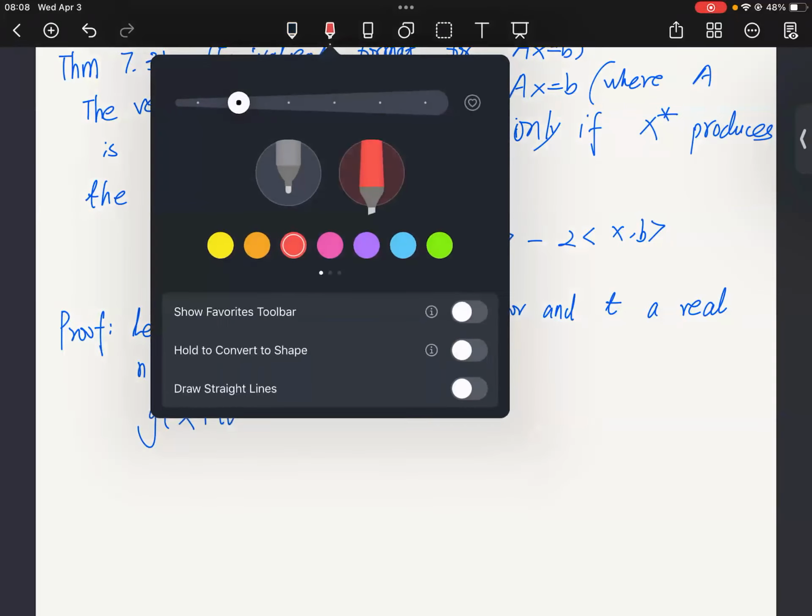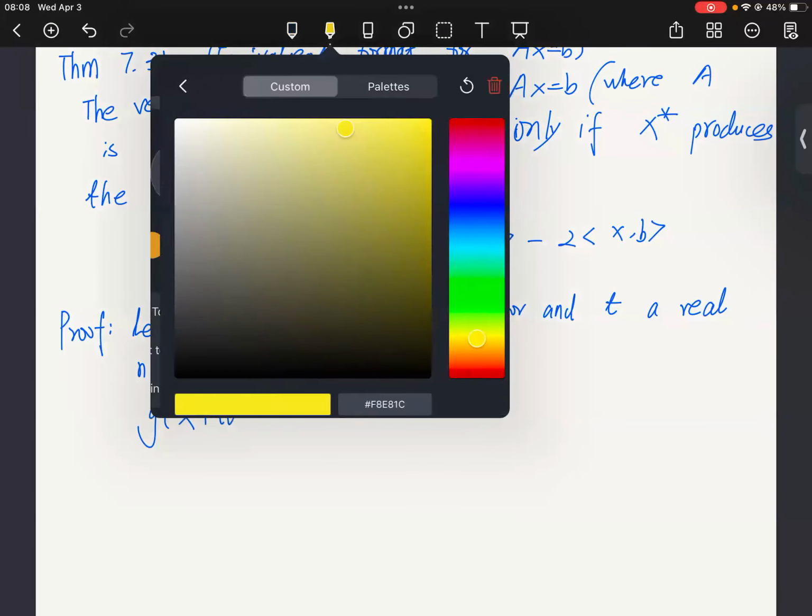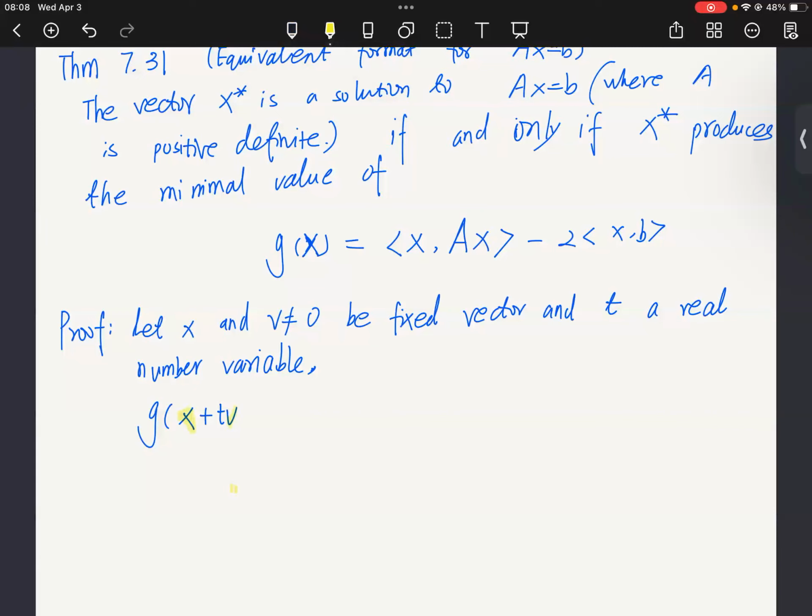Here you will see that x and v are fixed, and the only thing changing is the variable t, and t is a real number.